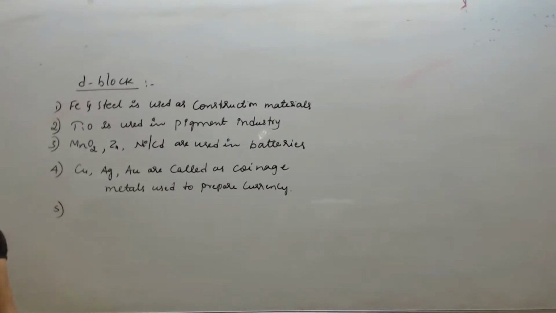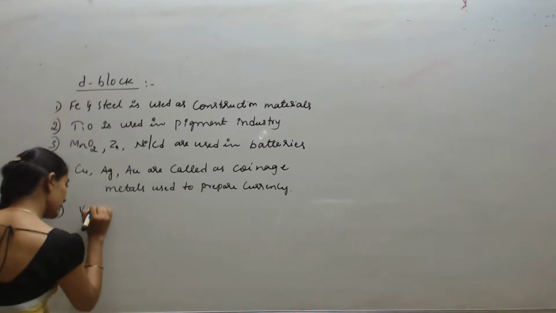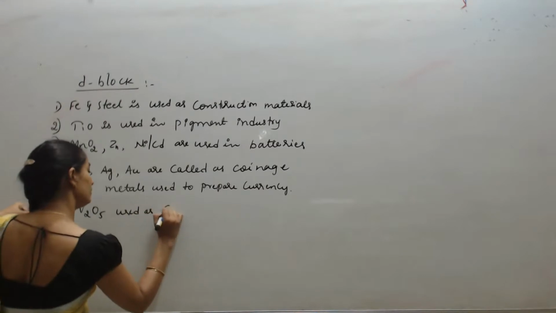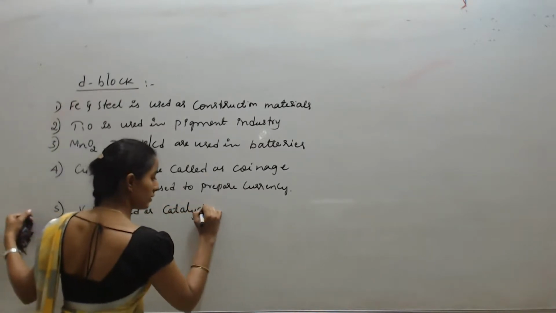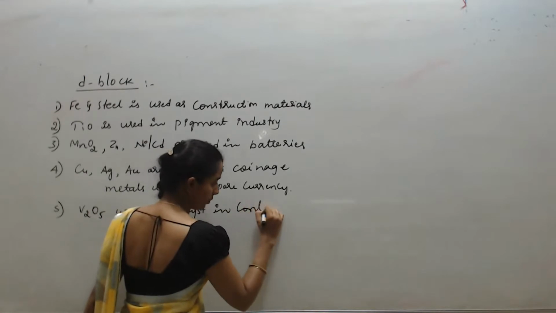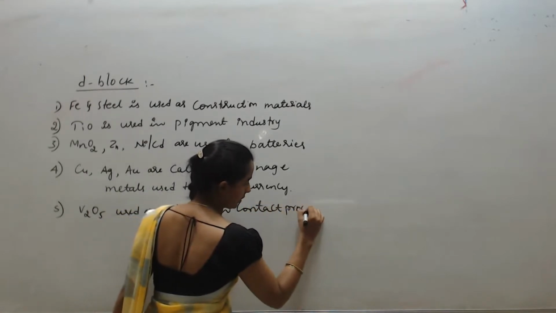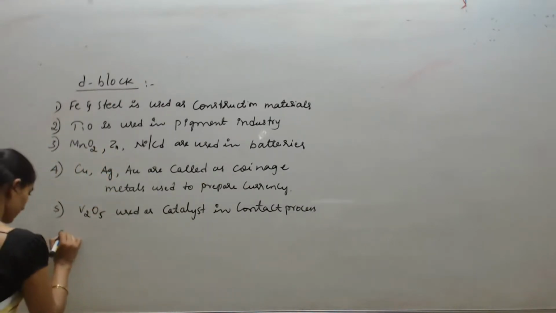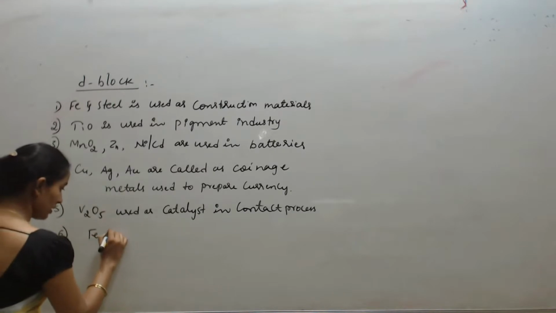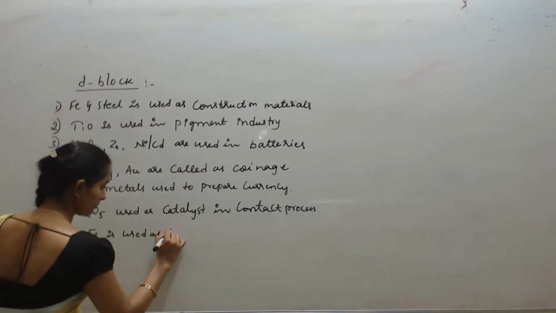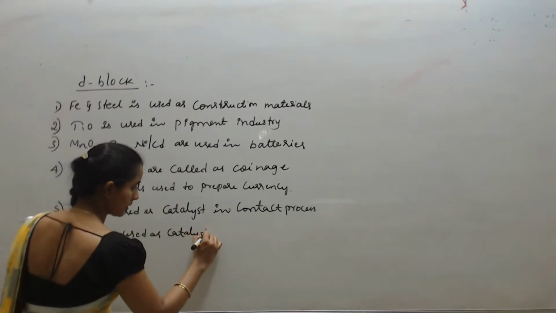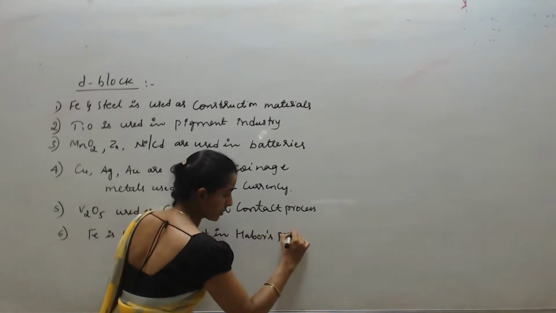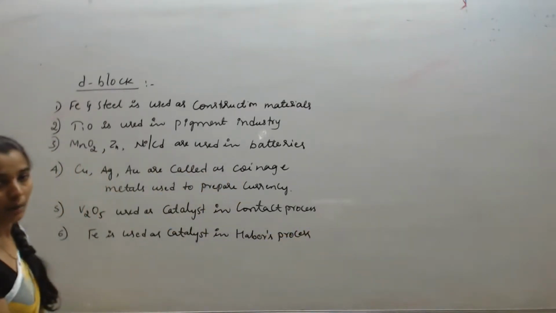Next. Fifth one, they are used as catalysts, especially V2O5 used as catalyst in the contact process. Contact process means the preparation of H2SO4. Next, iron is used as catalyst in Haber's process, that is preparation of ammonia.